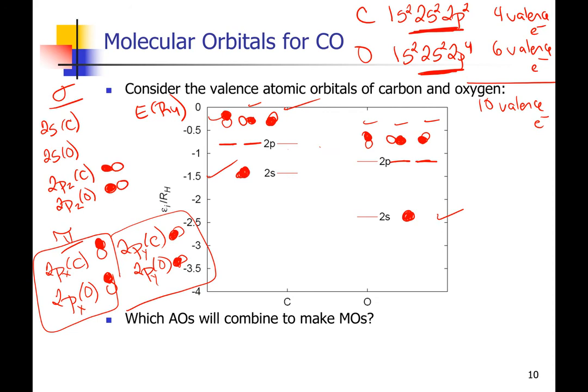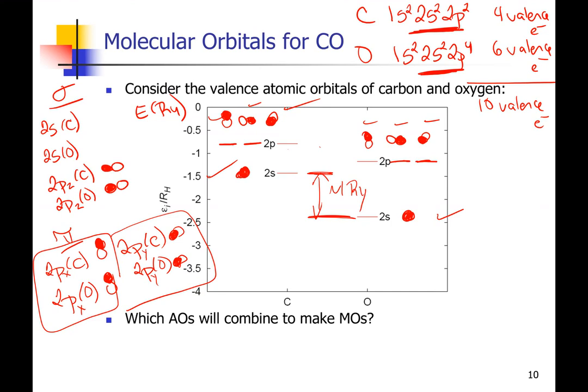When we look at the sigma symmetric atomic orbitals, we can see that the 2s atomic orbital on the oxygen is right on the border there. That is about 1 Rydberg, and I'd have to have actual numerical values to tell whether it was above or below.